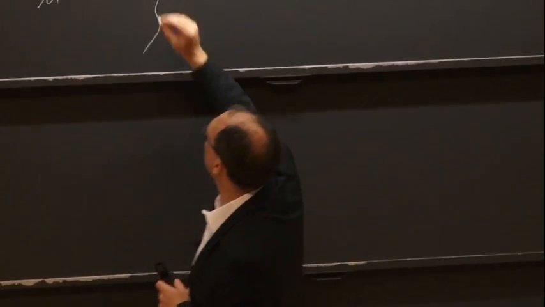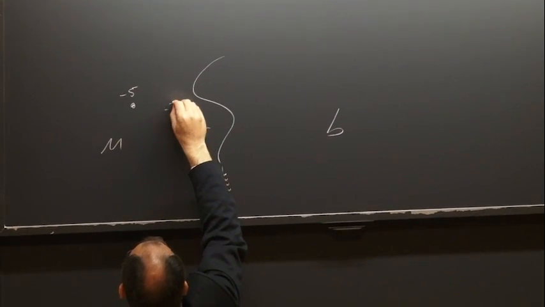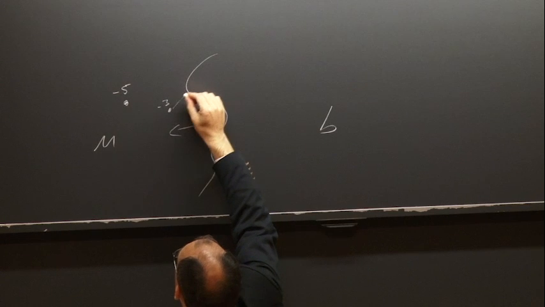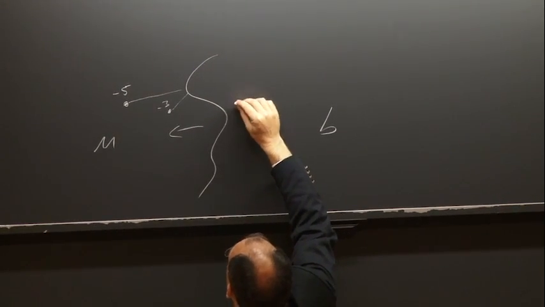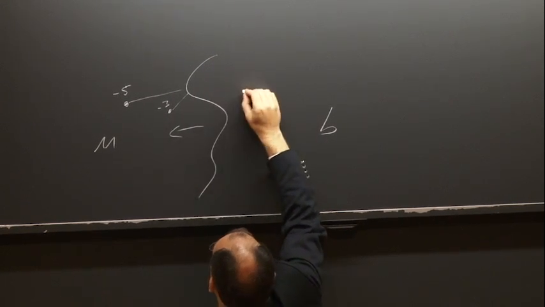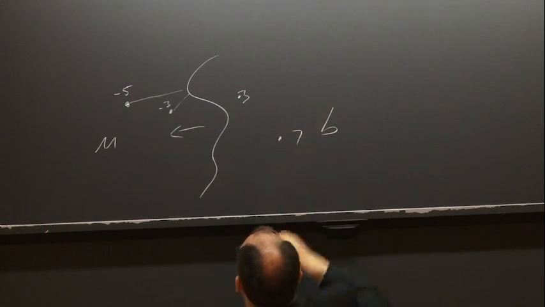Okay? So here it would be maybe -5, and here is -3. You know, this would be this distance. This would be always normal to the flame front, the closest normal to the flame front. And this here would be 3, and this would be, you know, 7, whatever.